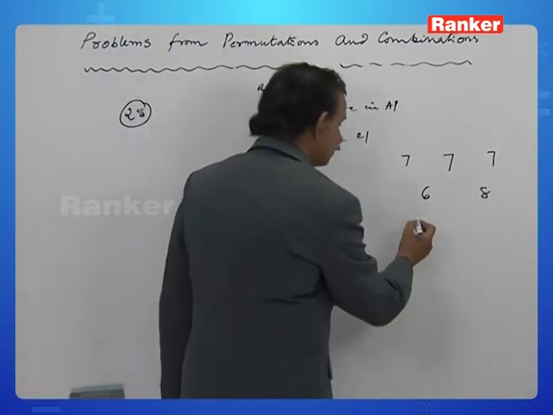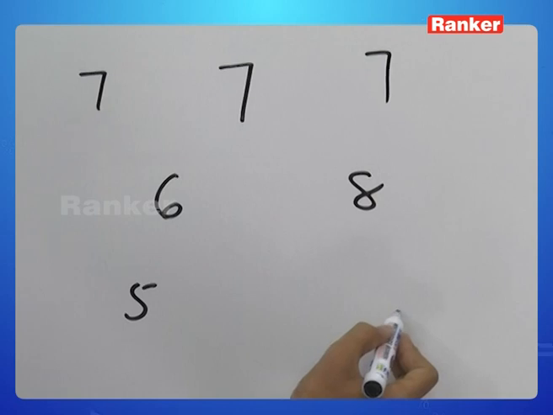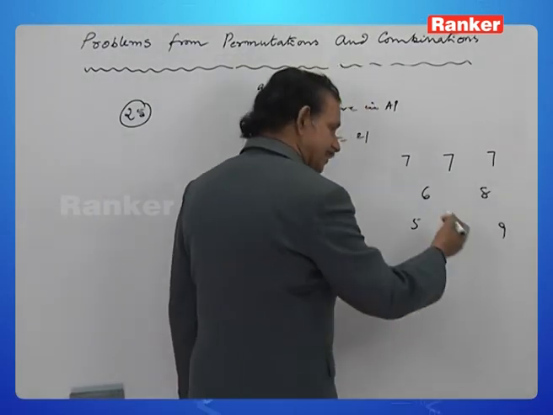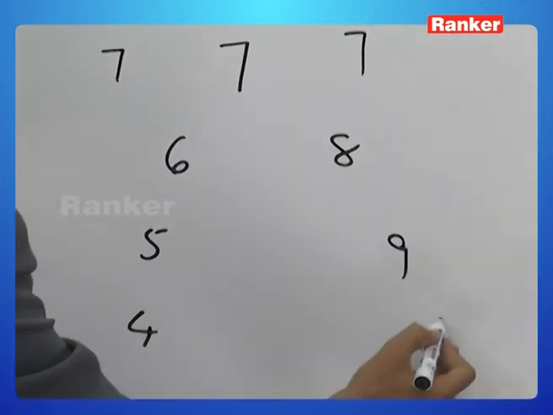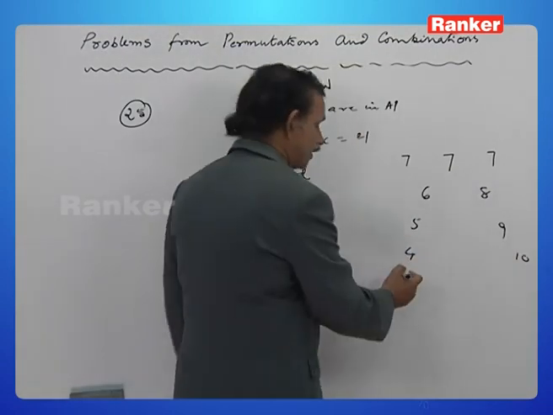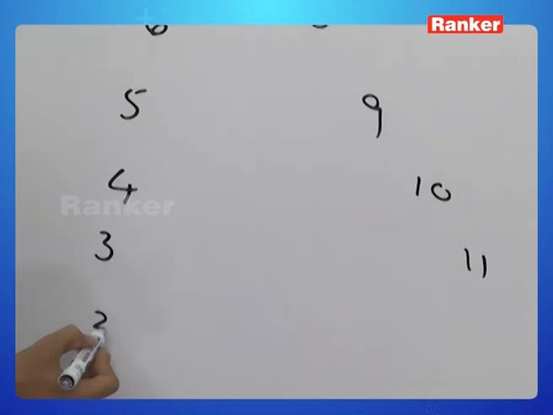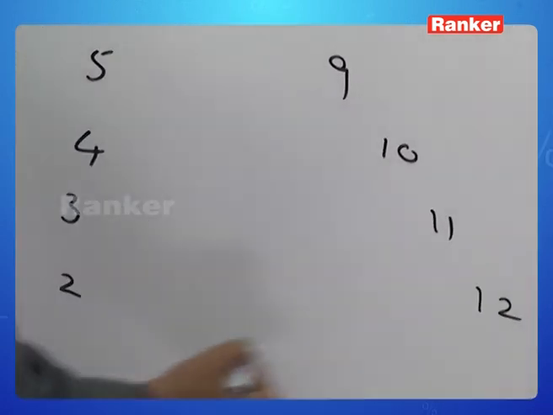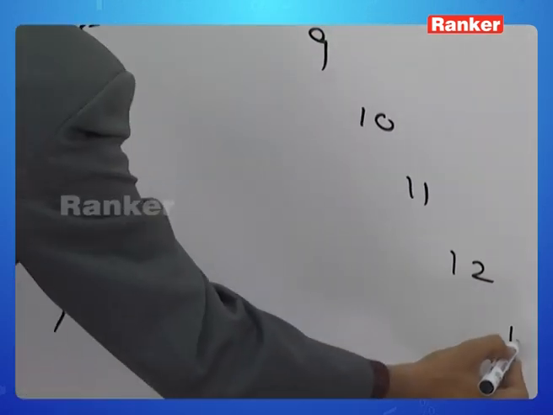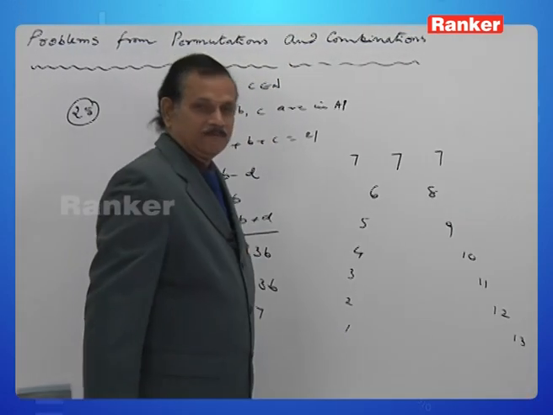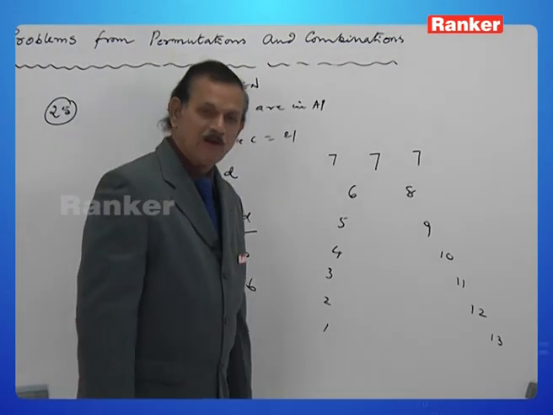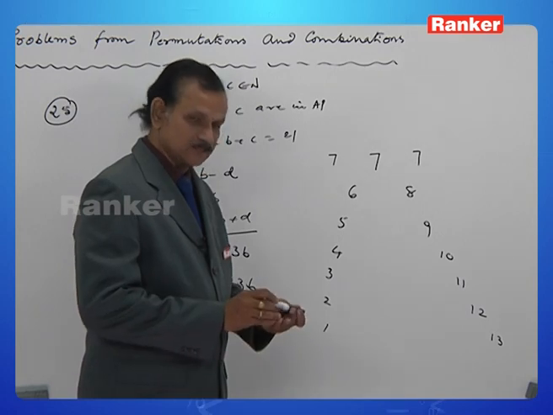If the difference is 2, 5, 7, 9. Next triplet, 4, 7, 10. Next triplet, 3, 7, 11. Next, 2, 7, 12. Next, 1, 7, 13. Stop there. Why? Because A, B, C must be natural numbers, isn't it?